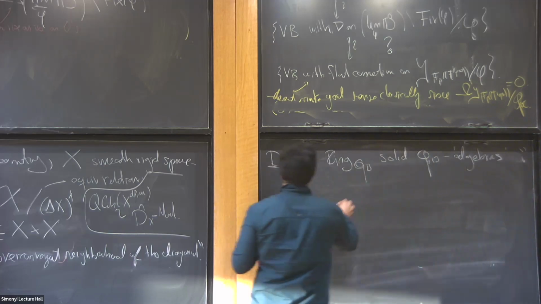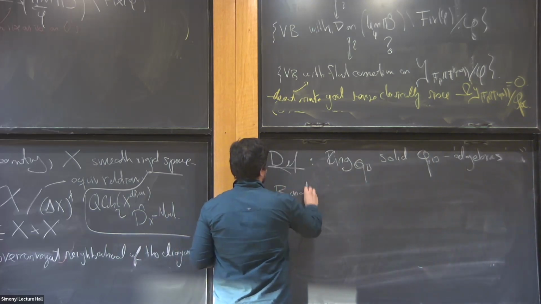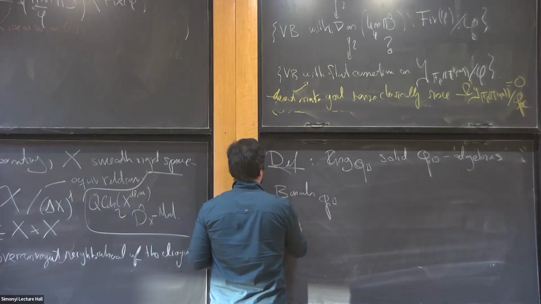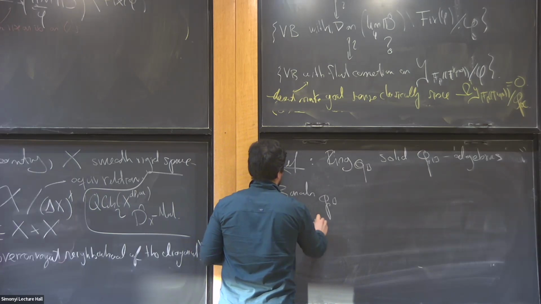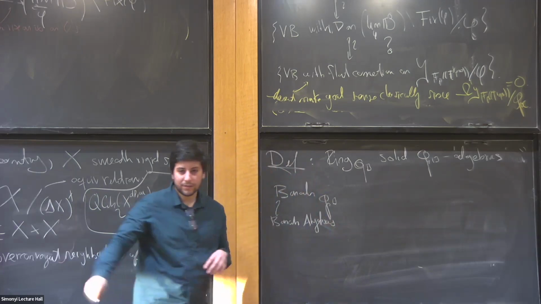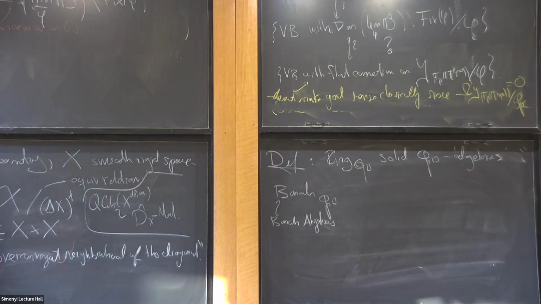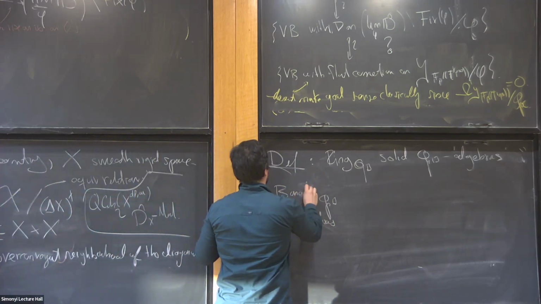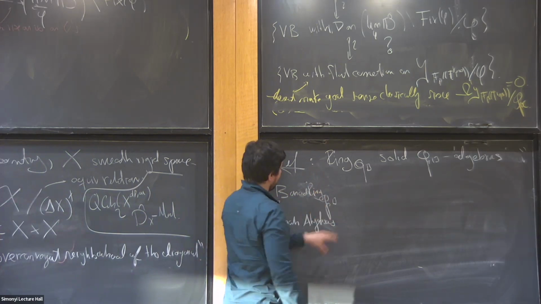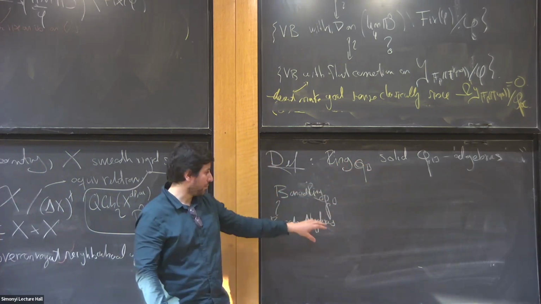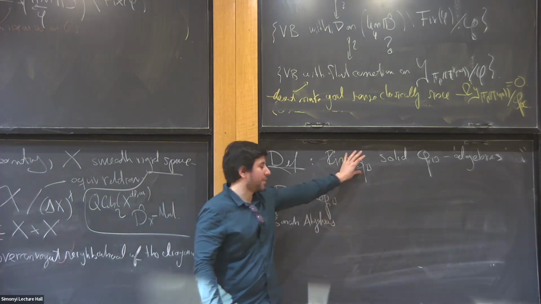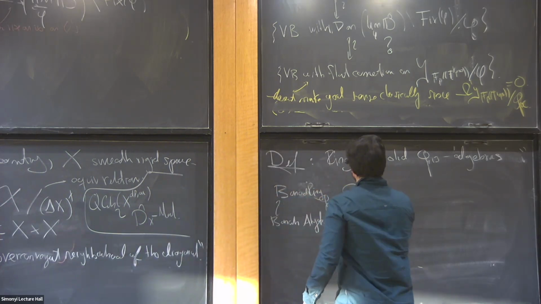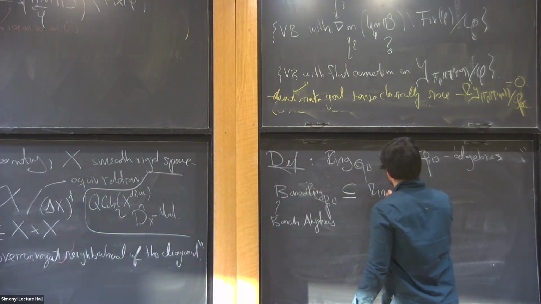Inside this category, you have Banach algebras, Tate algebras, perfectoid rings, and so on. And this category has all colimits. So something you can do is just take the smallest category here containing this one that is stable under colimits. And let me call these bounded rings.